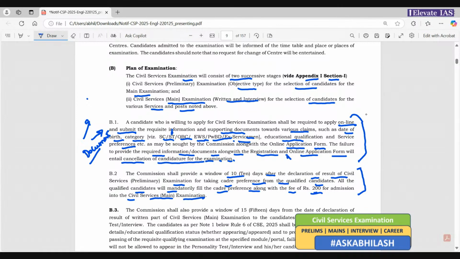Right now you have to choose what all services: IAS, IPS, IFS, Indian Audit and Accounts Service, Indian Revenue Service, IRS, all the services which are mentioned. Okay. और उसके बाद cadre will be happening only after you have qualified your prelims, and you have to give a fee of 200 rupees and then you do this cadre.